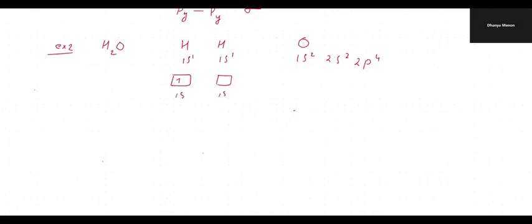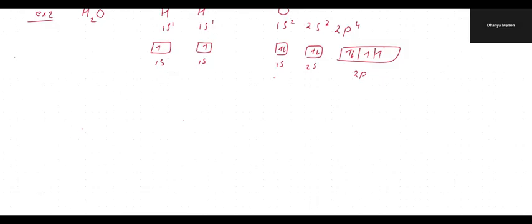For oxygen, 1s2, 2s2. This is 2p, so 1, 2, 3, 4. Spins I can draw anyway, but when we are drawing the electrons while overlapping, you can just show the opposite spin.